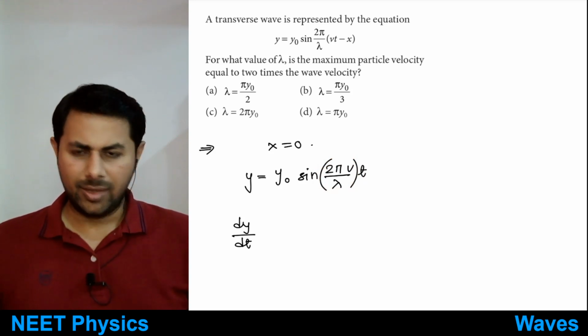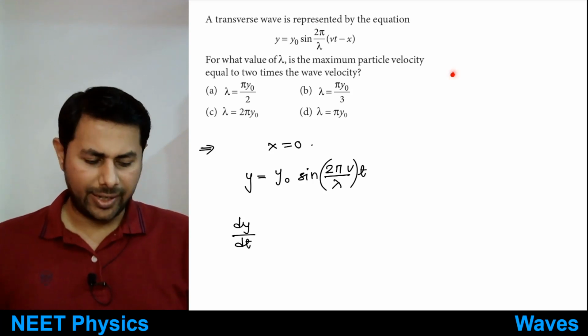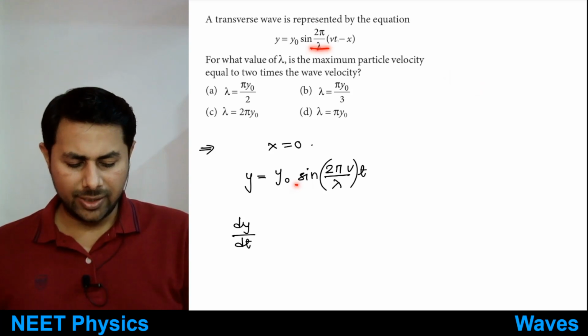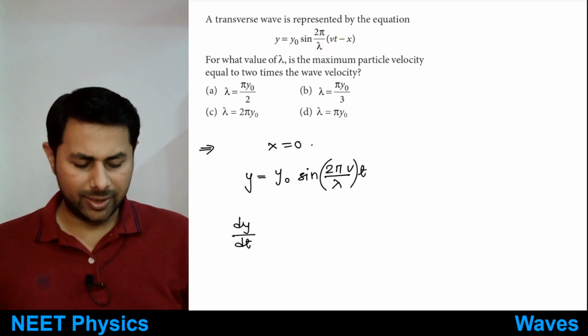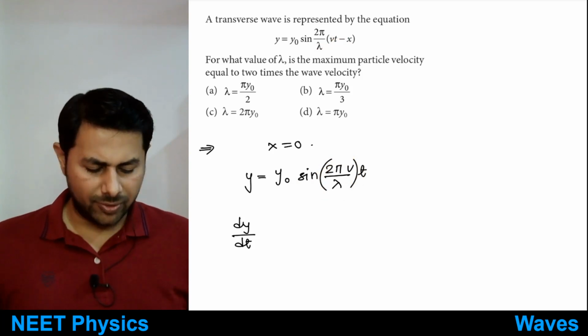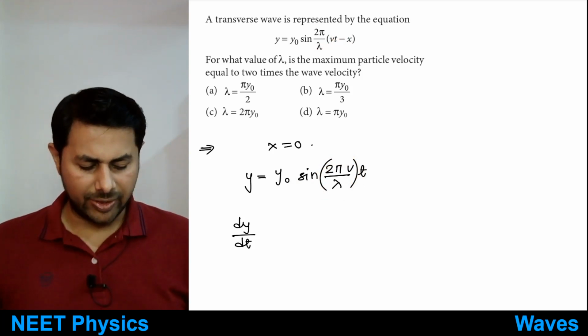If you drop the term containing x, that is kx, what remains is the term containing t, so that is omega t. So this is omega.